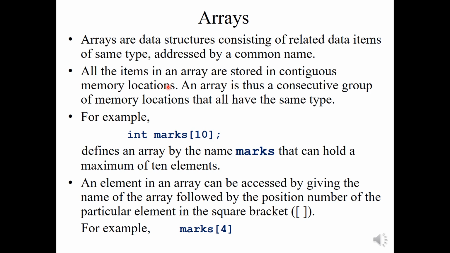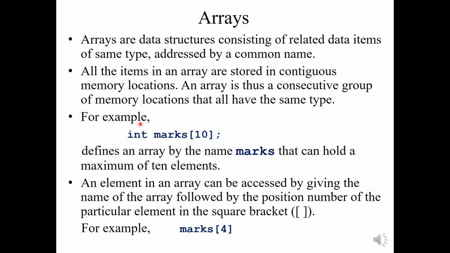So all the items in an array are stored in contiguous memory locations. So therefore, what is an array? It's a consecutive group of memory locations which all have the same type. All of them may either be integer or floating point number or boolean or whatever, but they will all be the same type.